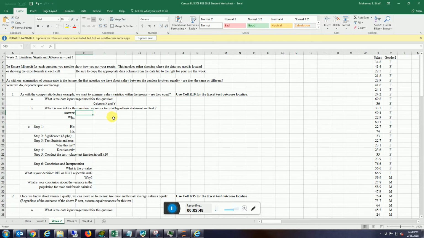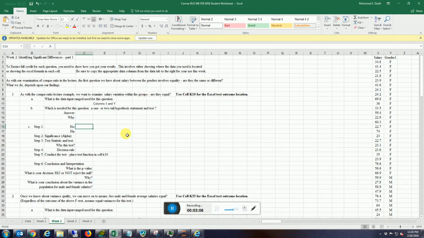Okay, so what is needed for this question? Do we need a one tail or two tail? Well, given that we're not interested in testing if the variability in one group is larger than the other, we just want to know if they're different, then we need a two-tail test. Okay, so what's going to be our null hypothesis?